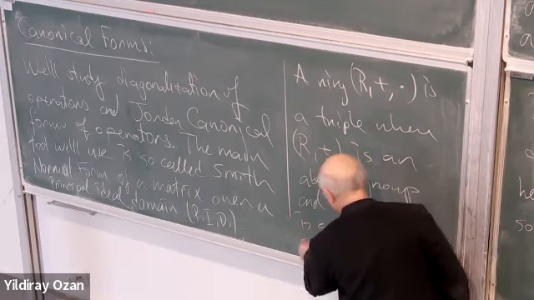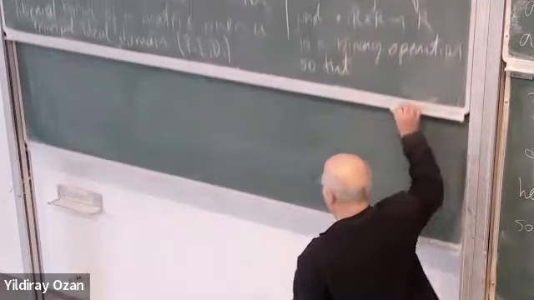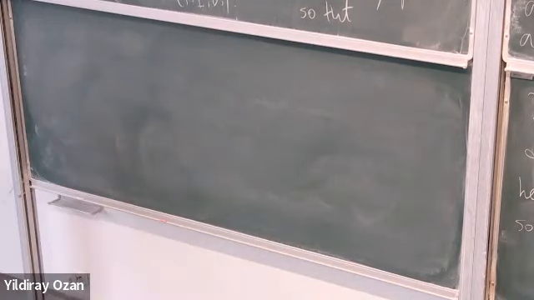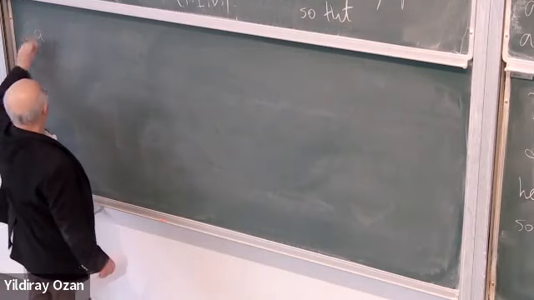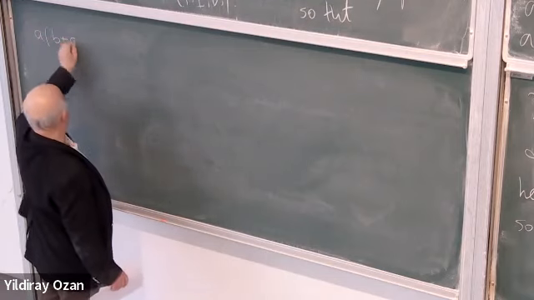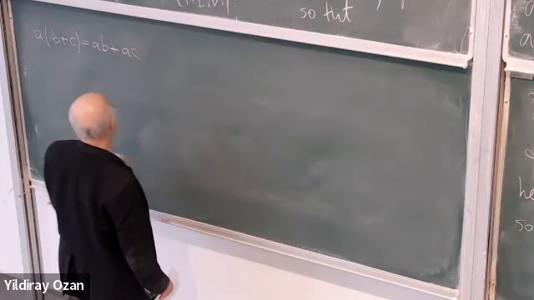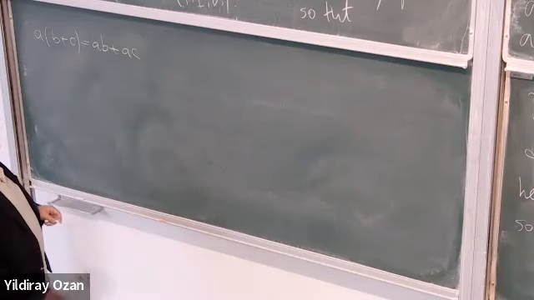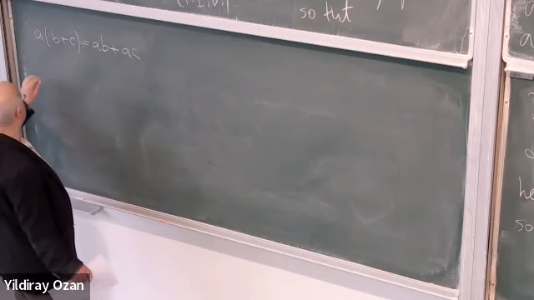This product and multiplication are compatible with each other. So a times (b plus c) is just a times b plus a times c. And actually, I will ask the multiplication to be commutative in the following sense.